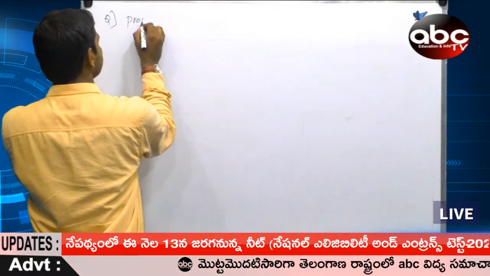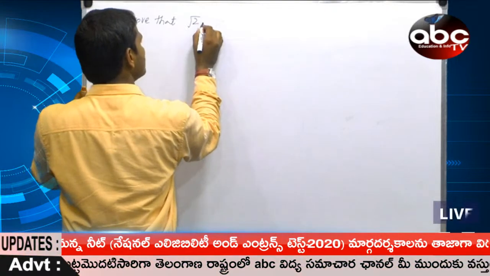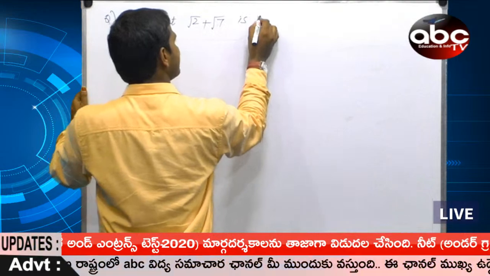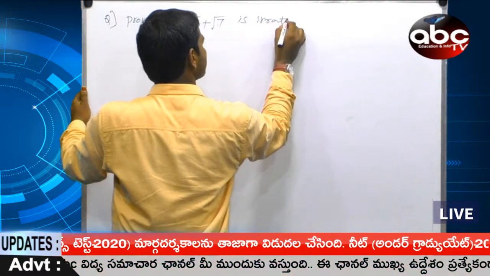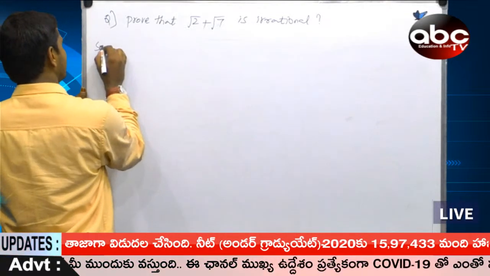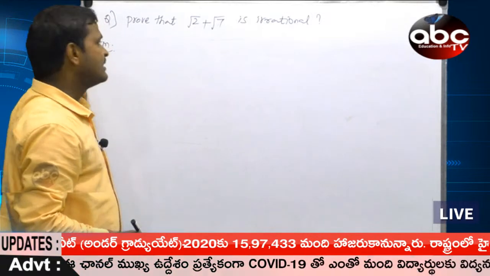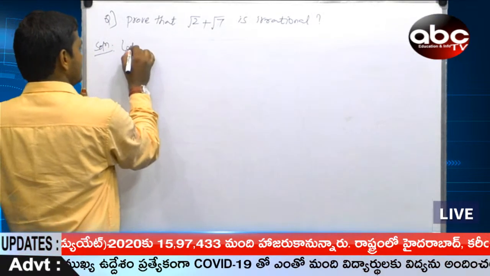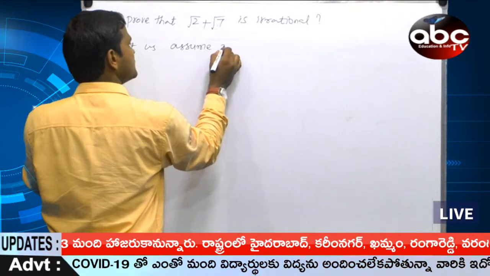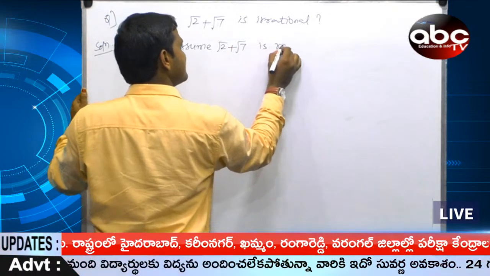Prove that root 2 plus root 7 is irrational. First step, already you know, students. Let us assume root 2 plus root 7 is rational.